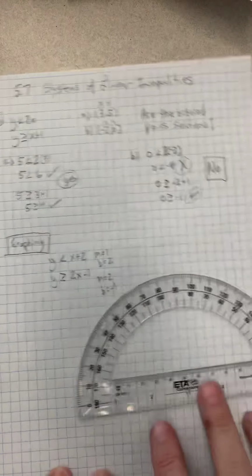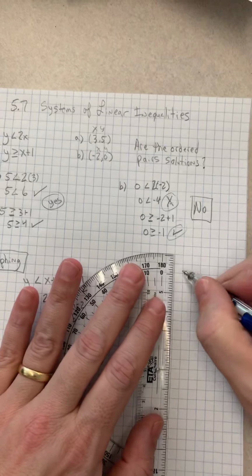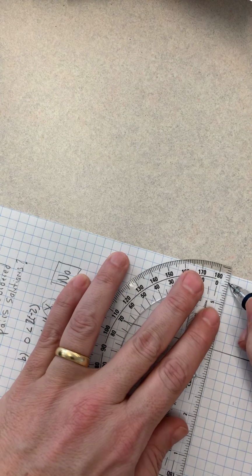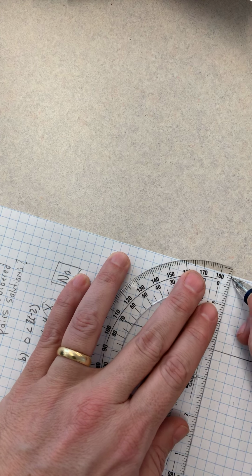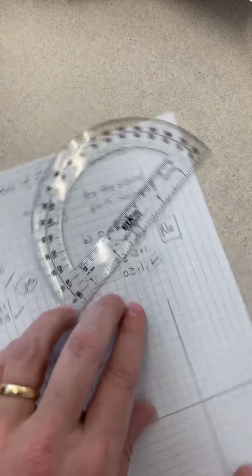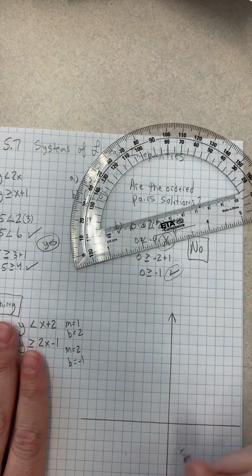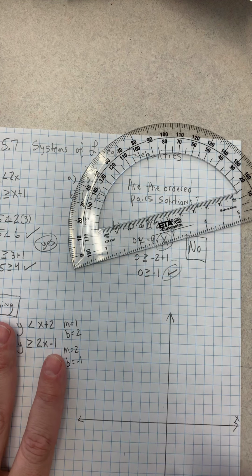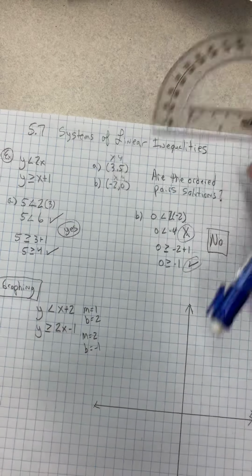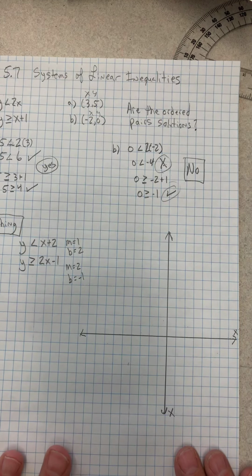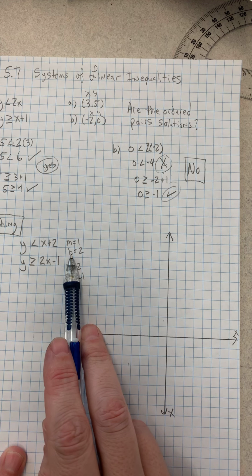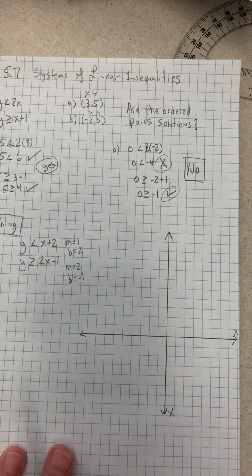This is what I'm going to make in my coordinate plane. So I'm going to make a quick little xy coordinate plane. Something that looks like this. Not terribly fancy, but nice and clean and crisp. Y-intercept of 2, slope of 1.